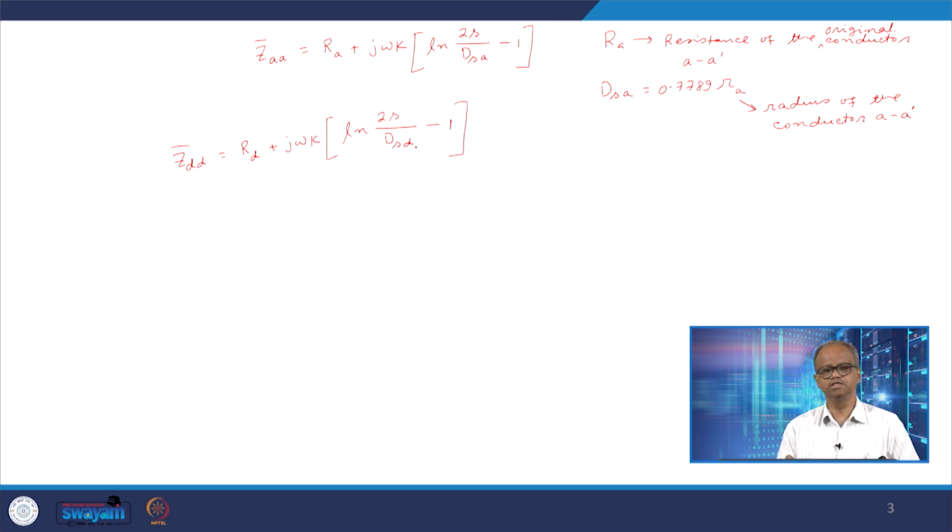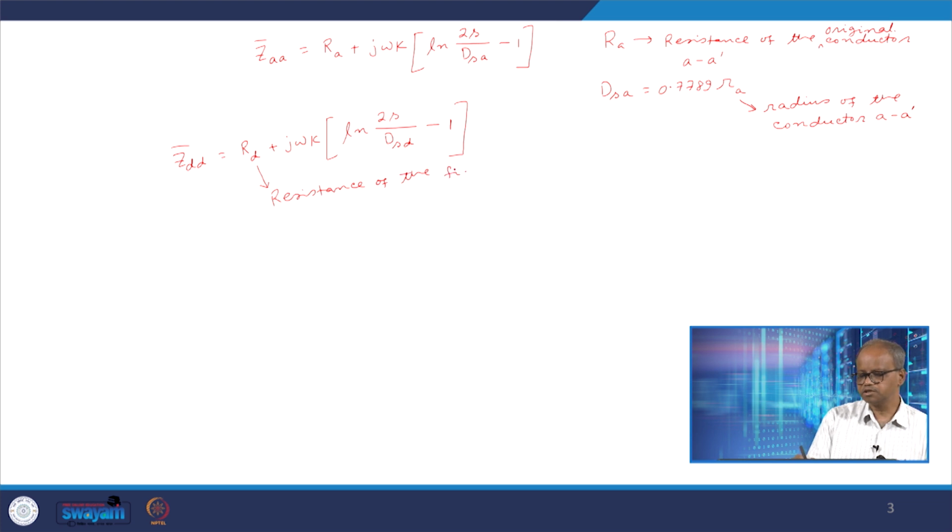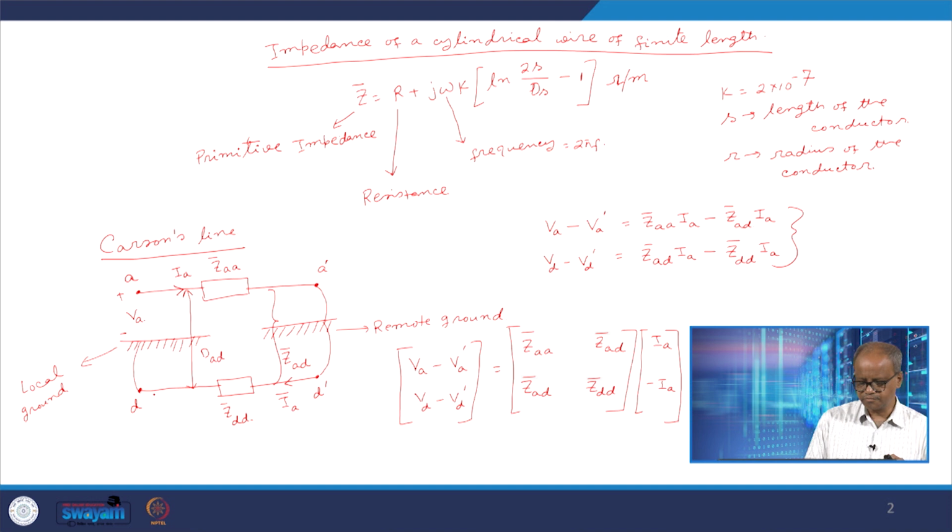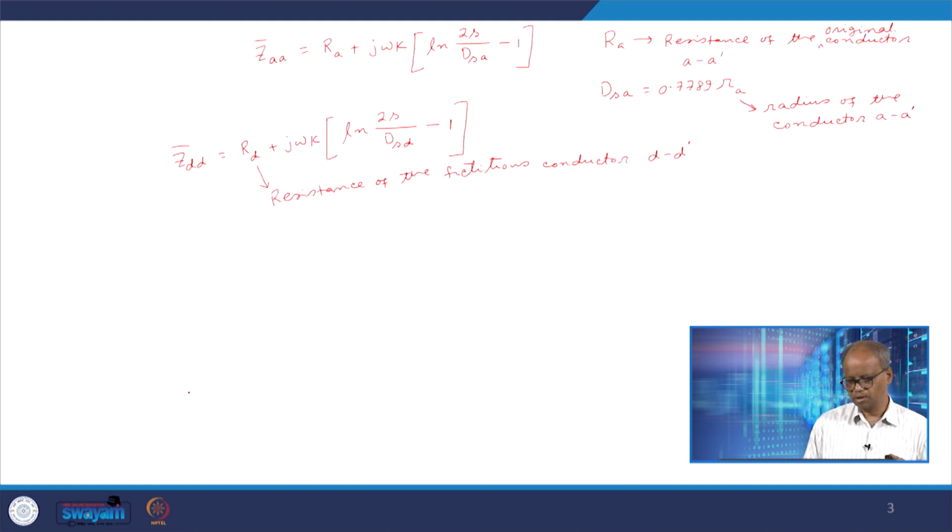We will talk about this DSD a little later, and RD is nothing but the resistance of the fictitious conductor D dash, right.